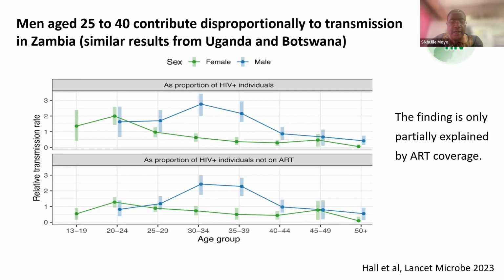You can see from the blue lines that men have a much higher likelihood of being classified as a transmitter, given their proportion in the population. And particularly, you can see that likelihood is really increased between the ages of 25 and 40. Next slide, please.